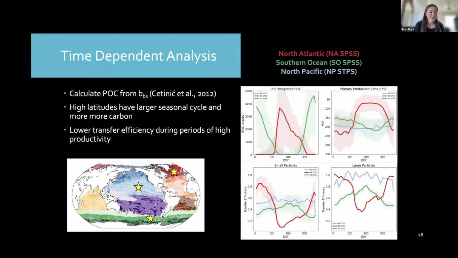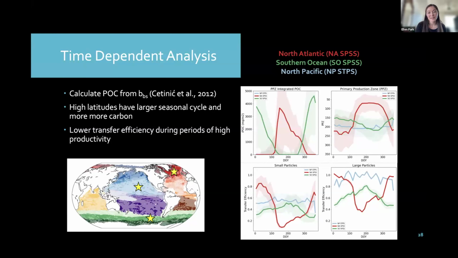There's a lot on this slide, so I'll walk through each part of this figure first. In the upper left-hand corner is the primary production zone integrated particulate organic carbon, which is converted from the small particle backscatter signal.